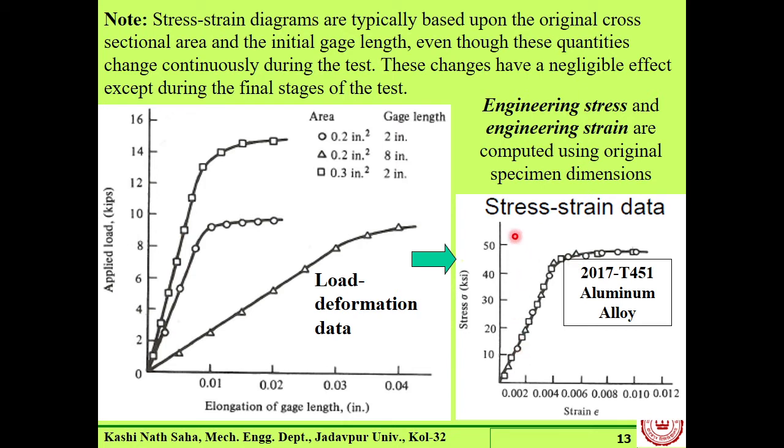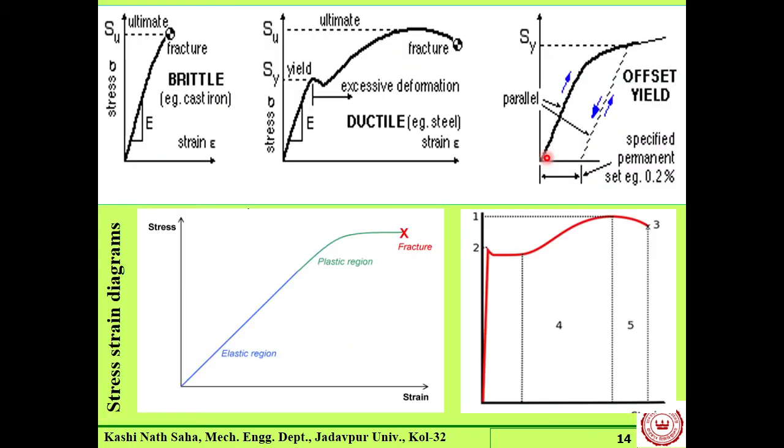But the change is appreciable beyond this elastic limit. Beyond this point, the changes are appreciable when we measure stress and strain by other measures. This is what we are going to discuss now.